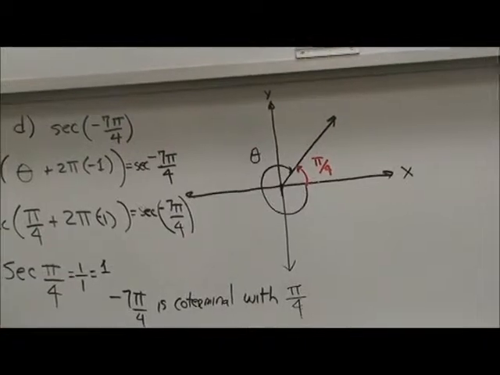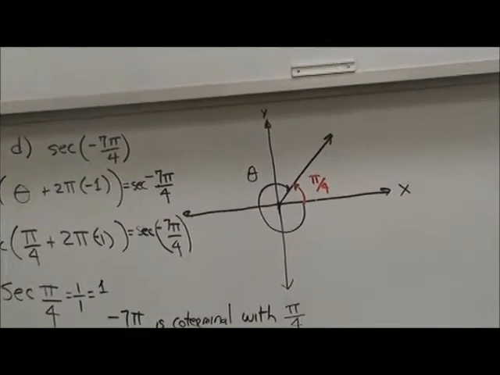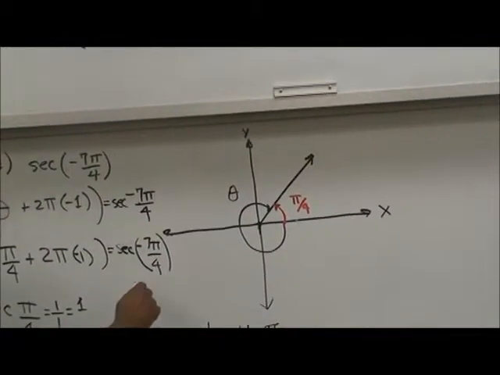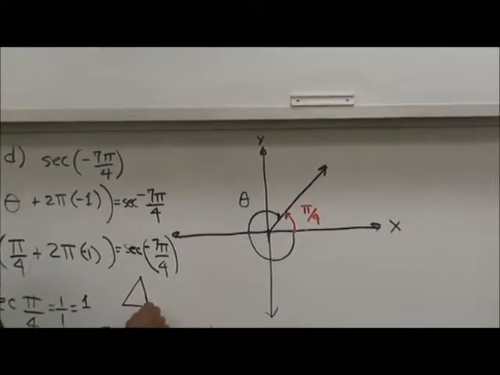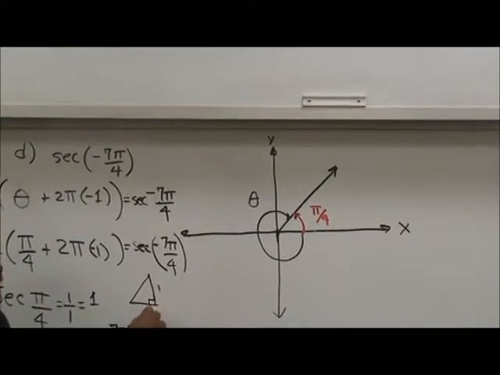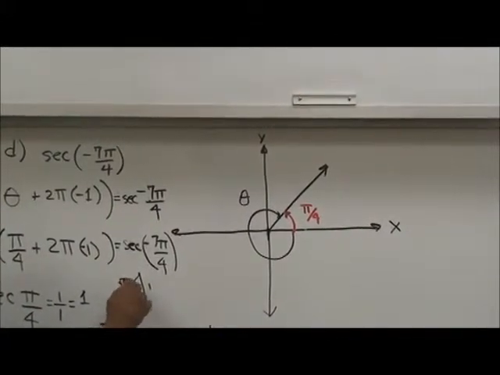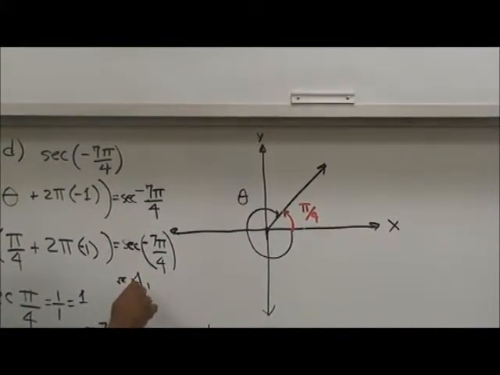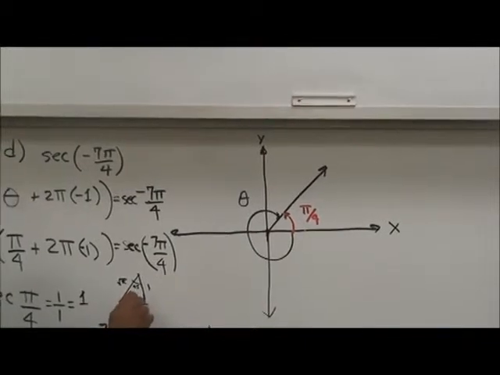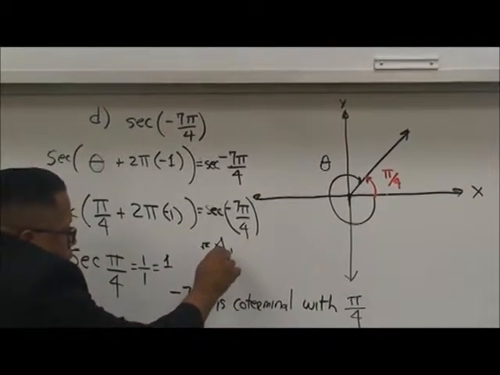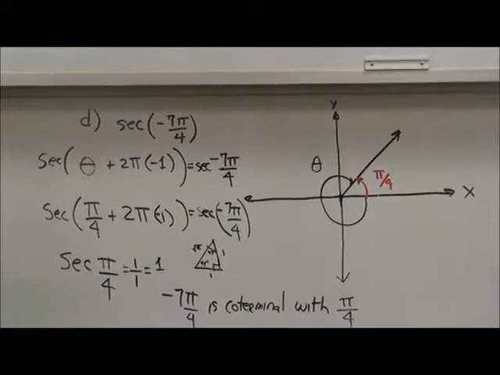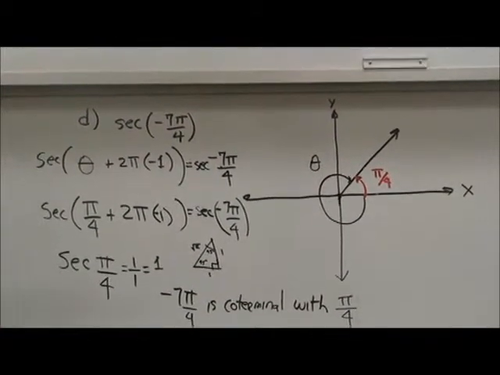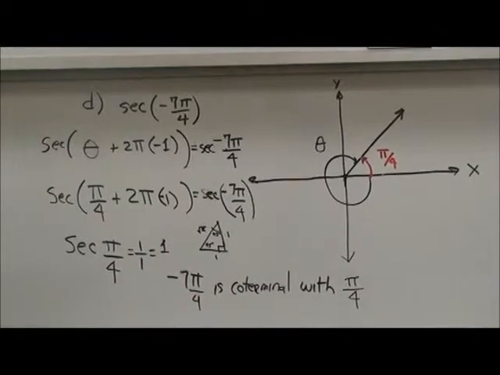As you see right here, you have a 45-degree angle in radians. So when you do the 45-45 triangle, secant is one of the reciprocal identities.